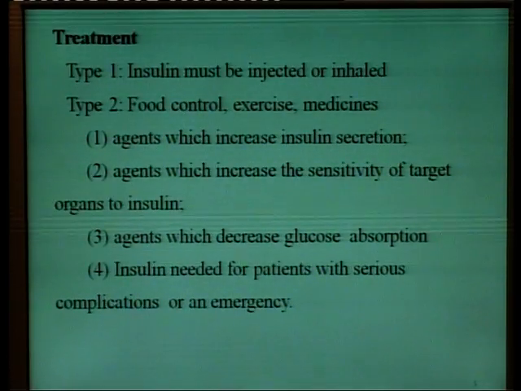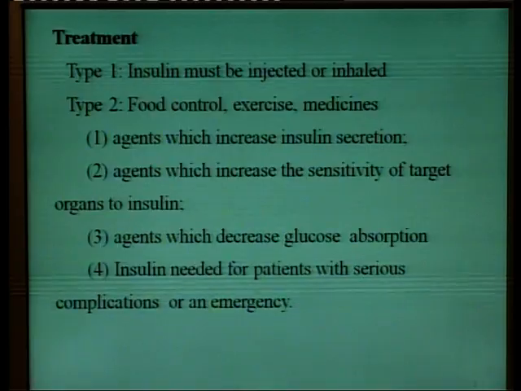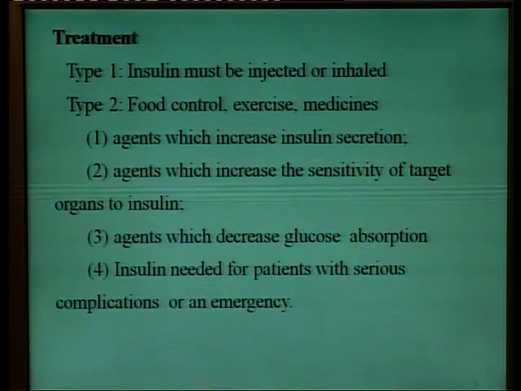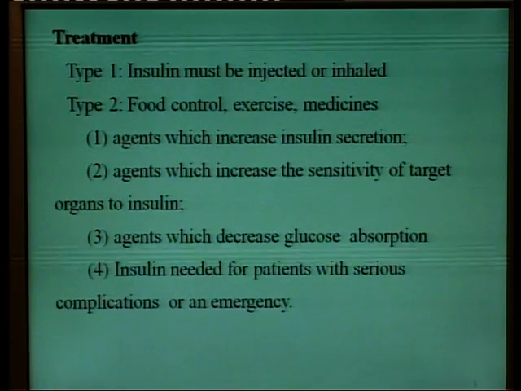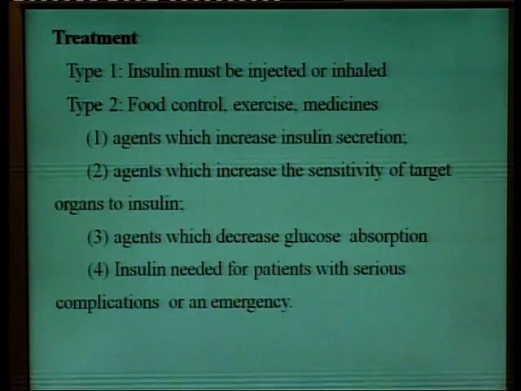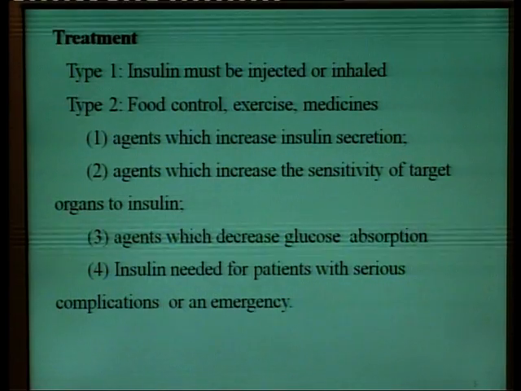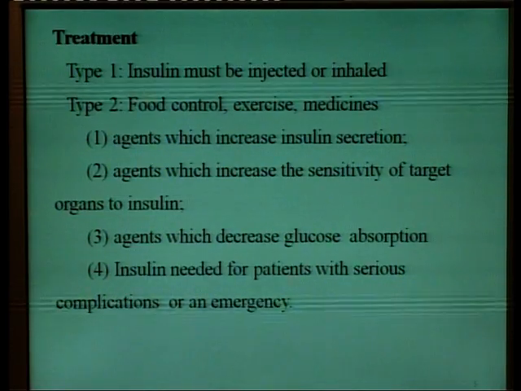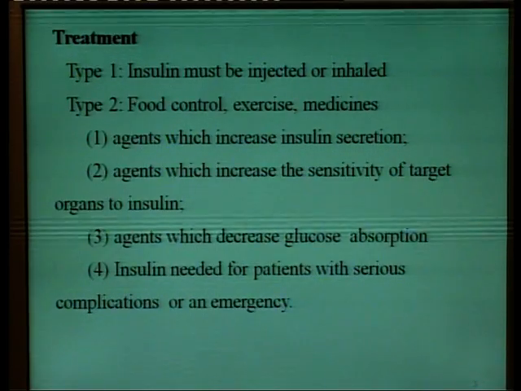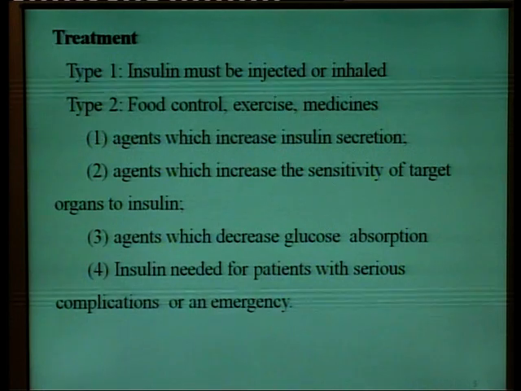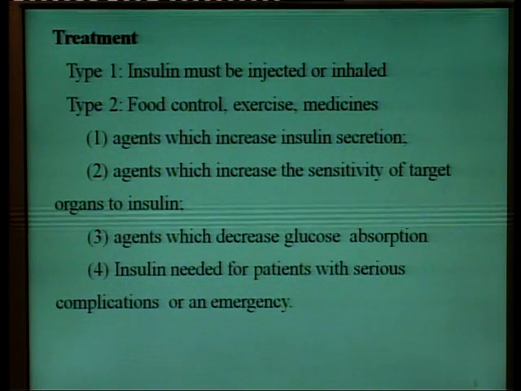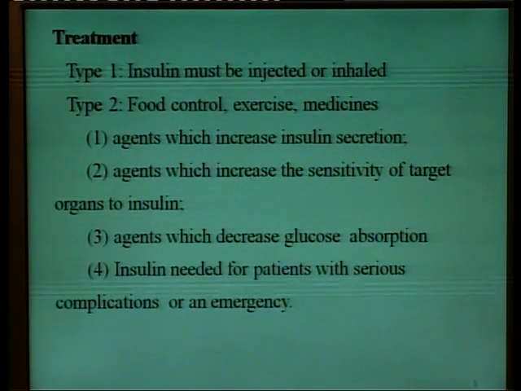If a person suffers from diabetes mellitus, we have to look for the treatment. What are the treatments to be followed? If a person is suffering from type 1 diabetes mellitus, that is insulin dependent diabetes mellitus, insulin must be injected or inhaled. In type 2, food control has to be exercised, exercises have to be done, and proper medicines have to be taken.